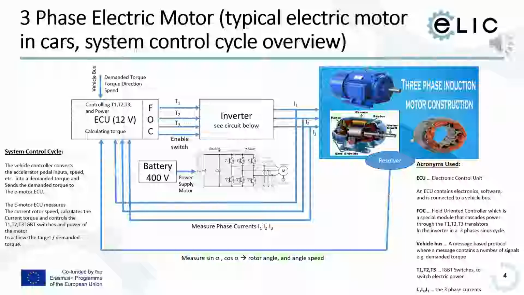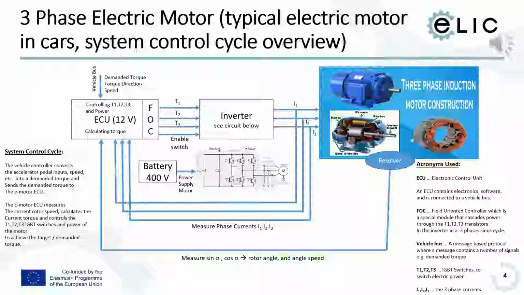And what you then see is a vehicle controller, which is an electronic control unit, which runs usually at around 12 volt power and has a software on it which is called FOC, Field Oriented Controller. And this ECU has the algorithmic intelligence developed by software so that it reads the demanded torque and speed.